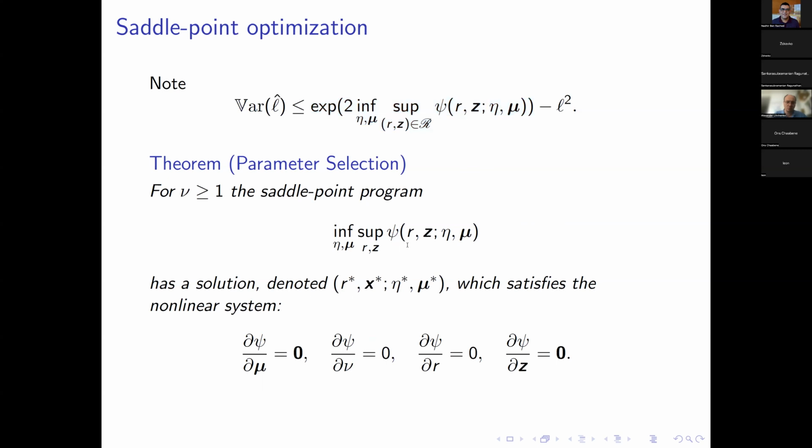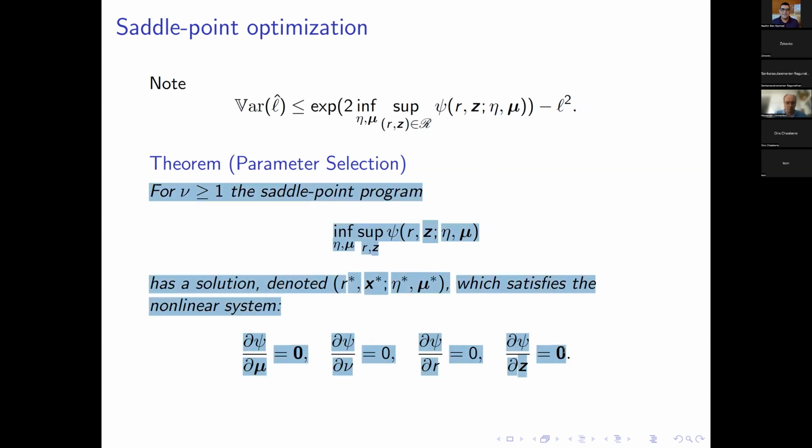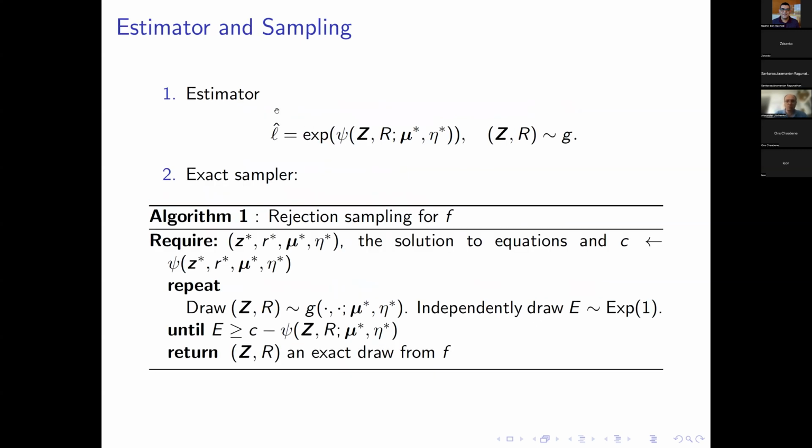And because this is a minimax problem, it can be solved by finding a saddle point. In other words, set all the gradients to 0 and solve the equations. So if I use this kind of method to select my importance sampling parameters, I get these optimal parameters mu star and eta star.